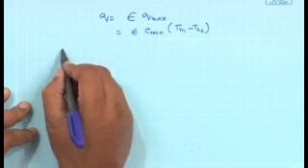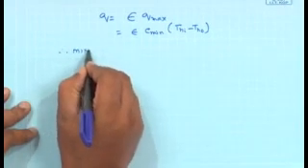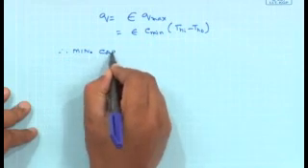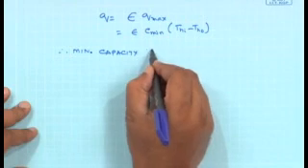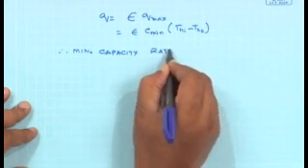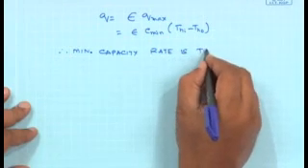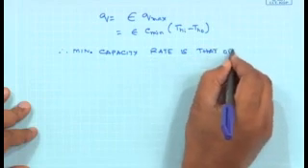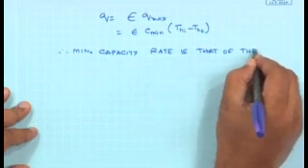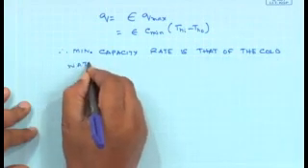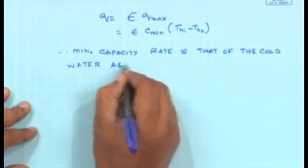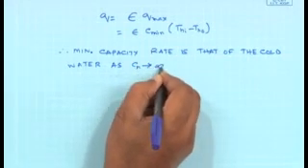So that's the way you calculate this. So the minimum capacity rate is that of the cold water, as CH tends to infinity.